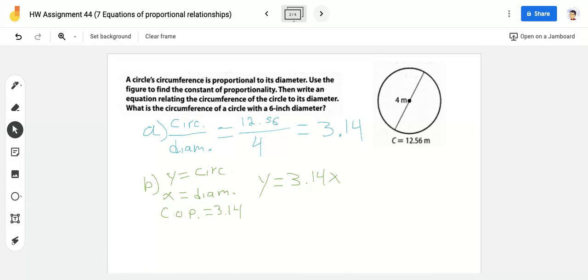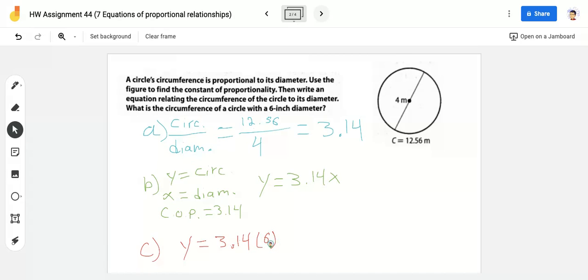So now we can use this equation to solve a problem. Last part says, what is the circumference of a circle with a 6-inch diameter? So here's what we're going to do. y is equal to 3.14, and x is our diameter, so 3.14 times 6.